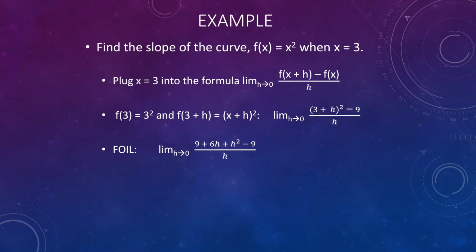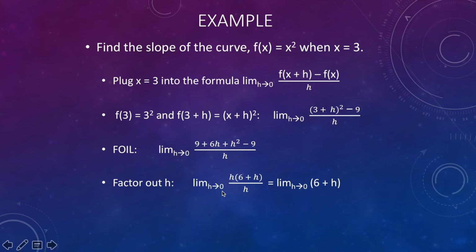We're just going to do some basic math, and then we're going to factor out h. The 9's cancel out, obviously, and then we're going to factor out h, right? And then the h's cancel out, and you're left with the limit as h approaches 0 of 6 plus h. So your final answer is just going to be 6. So the slope of the curve x squared when x equals 3 is 6.